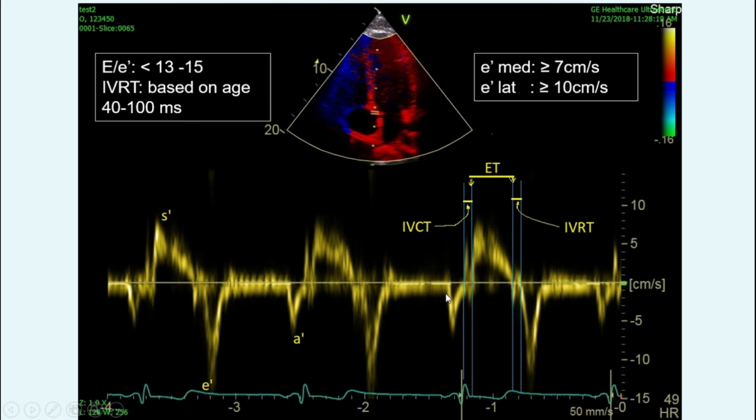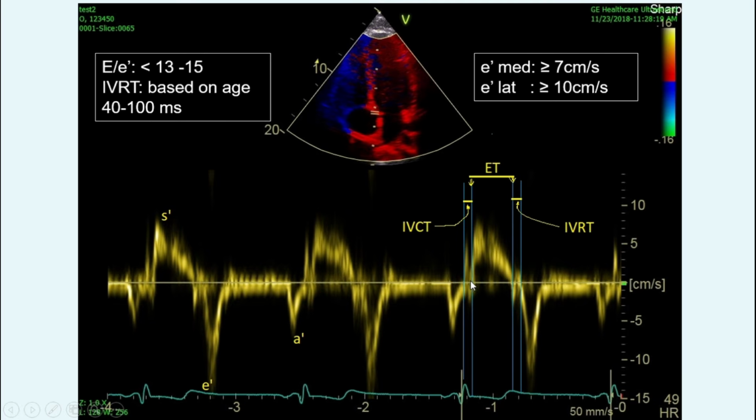Another parameter that we can measure in mitral valve annulus tissue Doppler is IVCT, or isovolumetric contraction time. As its name says, it is the time that the myocardium and left ventricle start contracting, but the valves are closed.